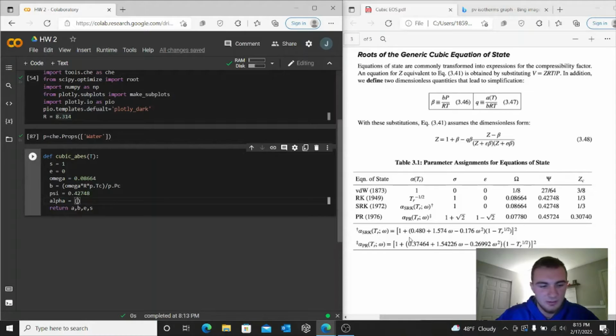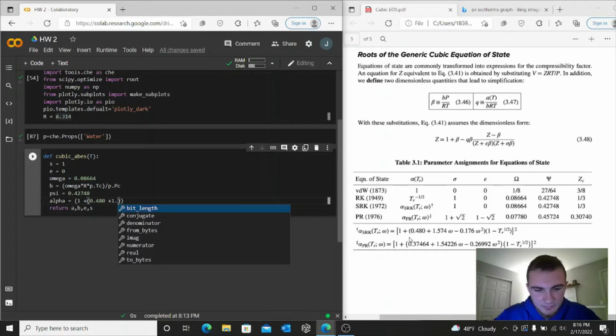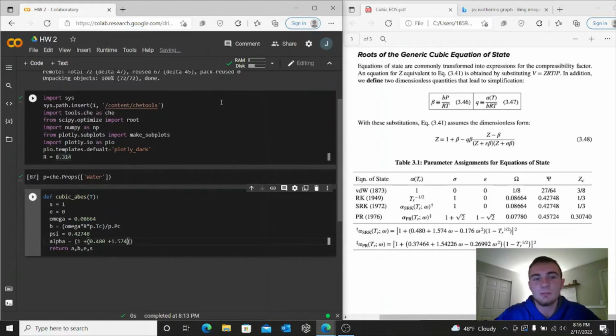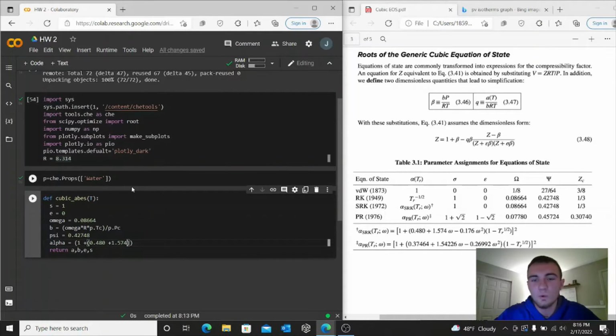We'll say here we have 1, and we'll add 0.480, and we will add 1.574. Now this Greek letter here, that looks like a W, is what is known as the eccentric factor. I'm not going to go into great detail on what this is, but we can extract this from the pre-written data that we have for water, so we can get the eccentric factor for water.